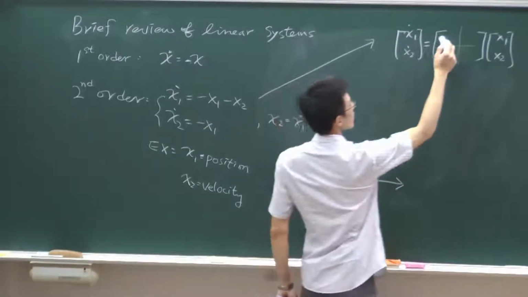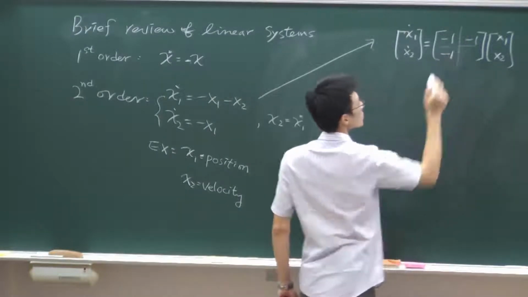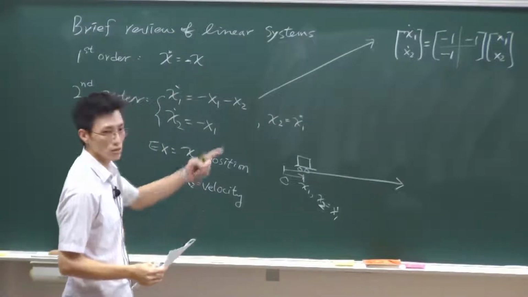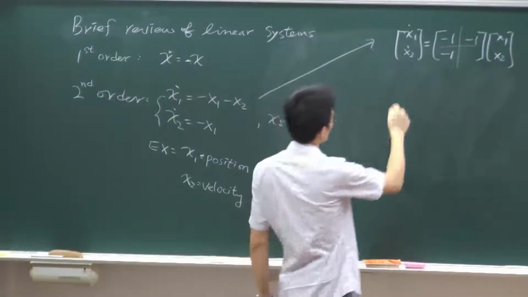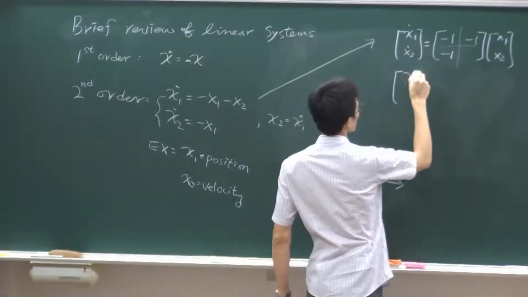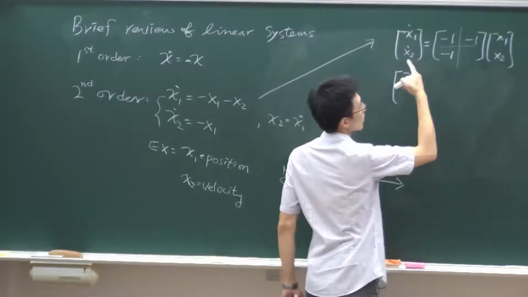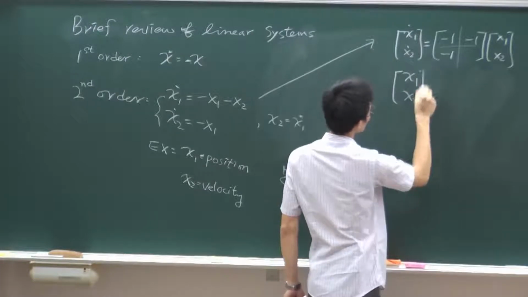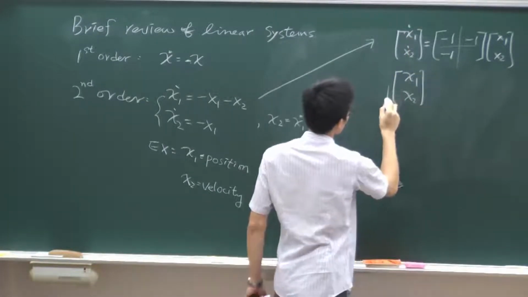So here you will put minus 1, minus 1, minus 1. 这样就一样了嘛，对吧？And someone also says that these two, basically this one is the time derivative of this one, so you can pull the derivative out.